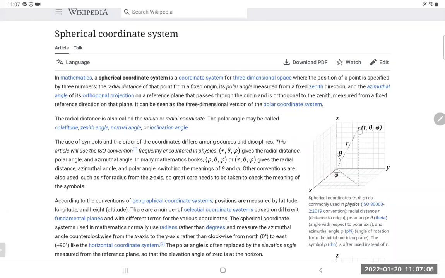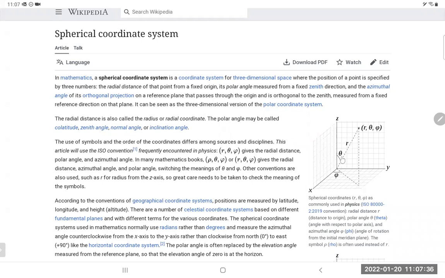And then when we project this point into the xy plane, the angle between this line and the x-axis will be phi. So we have two angles, and this is the distance from the origin to that point. So r will be nothing but the square root of x squared plus y squared plus z squared, using the Pythagorean theorem.